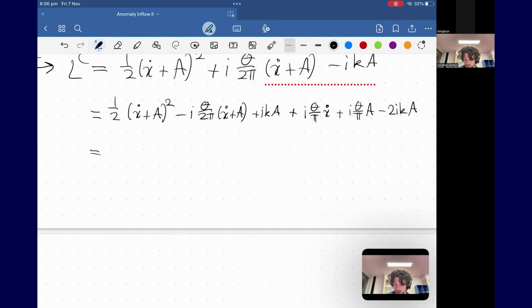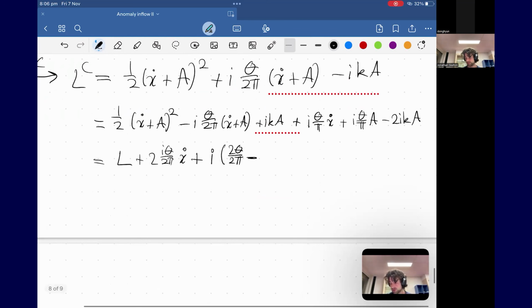So then we have the original Lagrangian plus two lots of the i theta on 2 pi x term plus i times 2 pi on 2 theta minus 2k.